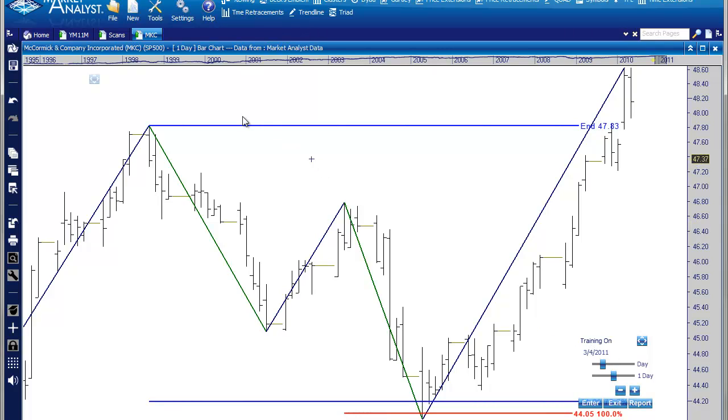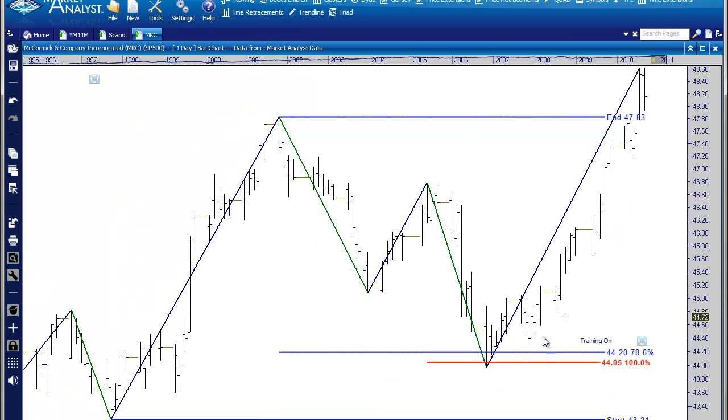So we can see that the market came down and reversed right at the expected zone for the reversal here. It never even got close to our stop, and it was pretty precise. So this is an example of a bullish trend continuation Gartley pattern on a daily chart of McCormick.